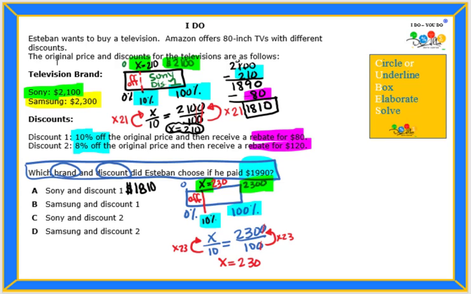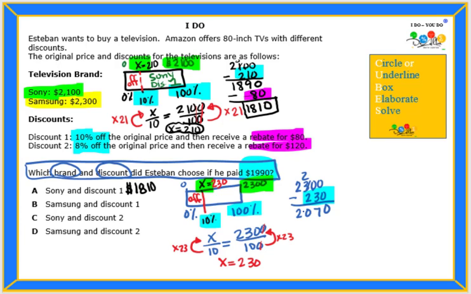So we know that our original price is $2,300 and we are going to save $230 with our 10% coupon savings. That will leave us with regroup 7 and 2.